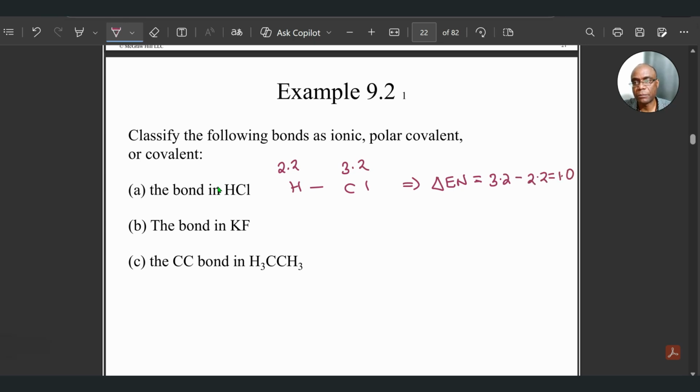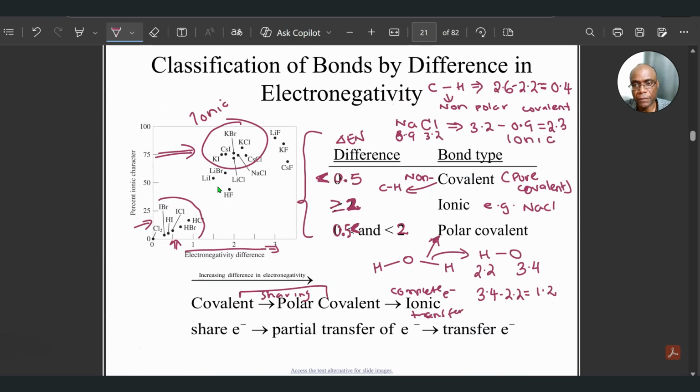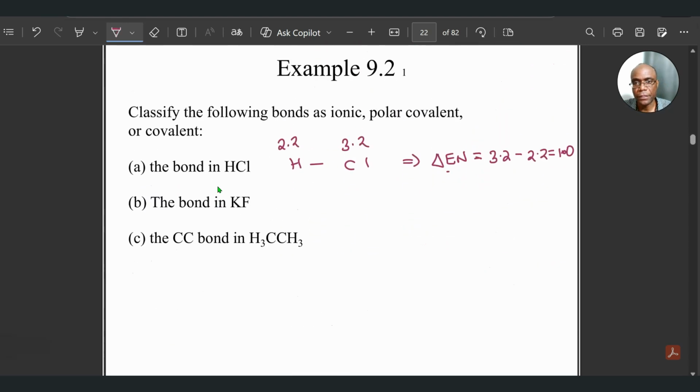It gives me 1.0. 1.0 is right between 0.5 and 2. Actually, the book is quoting 0.3. That is an error. It's supposed to be 0.5. So 0.5 and 2. That makes this bond polar, and it's covalent because I have two nonmetals, hydrogen and chlorine, so I'm getting sharing here.